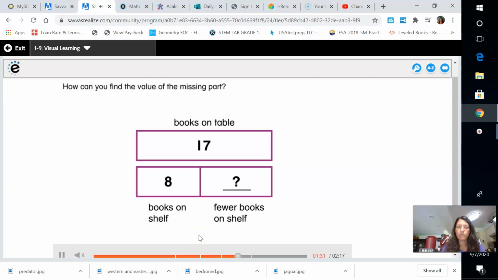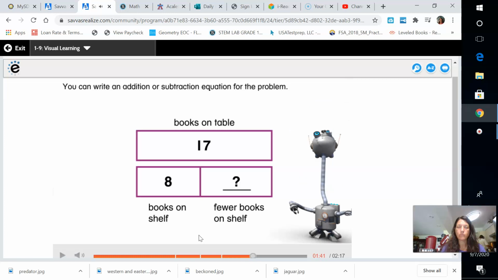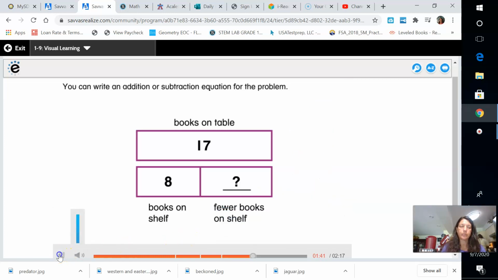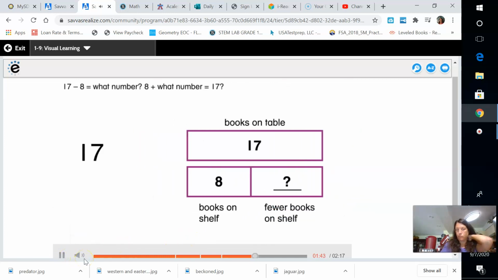How can you find the value of the missing part? You can write an addition or subtraction equation for the problem. 17 minus 8 equals what number? 8 plus what number equals 17?